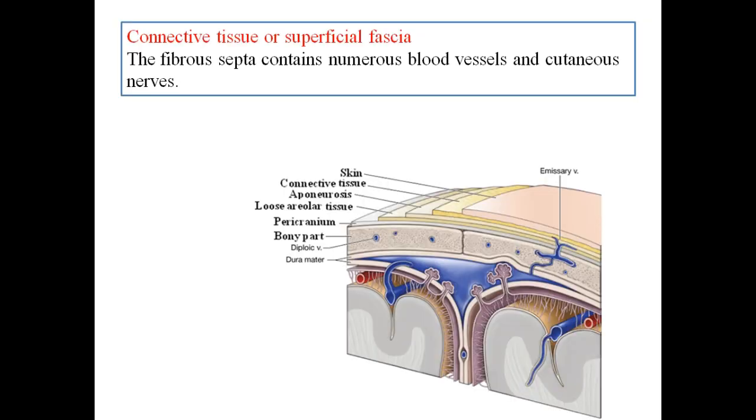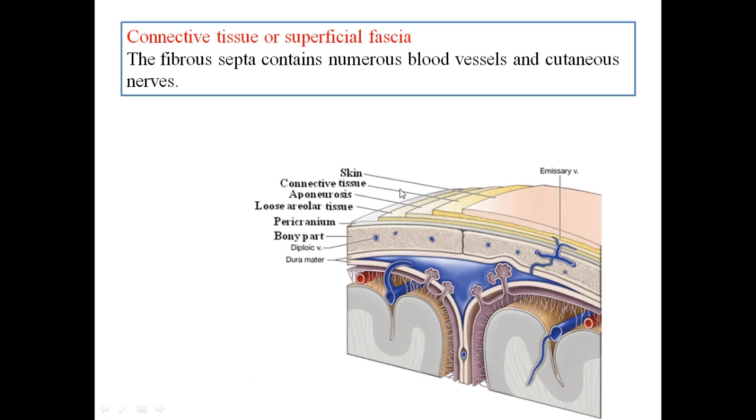Here is the connective tissue or superficial fascia, that is the second layer of the scalp. The fibrous septa contain numerous vessels and cutaneous nerves, and this tissue contains branches of the internal carotid artery and external carotid artery.